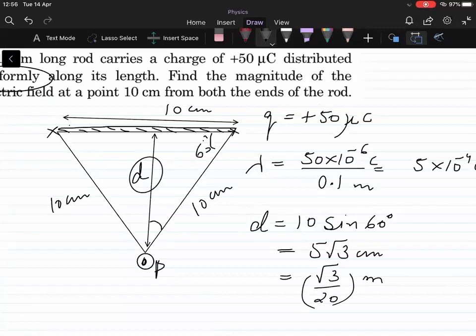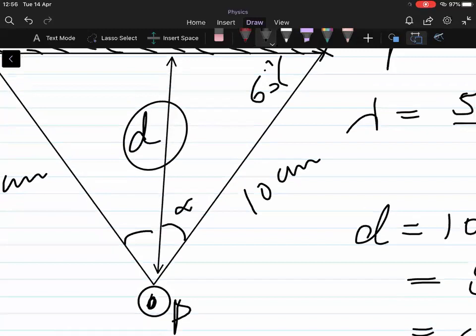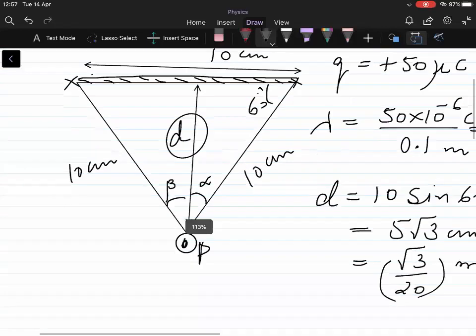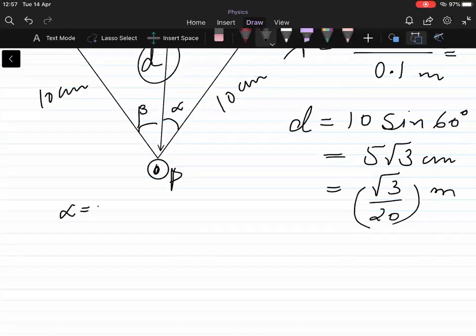Now the two angles alpha and beta that you are supposed to put in the expression of the electric field that we had calculated yesterday. Okay, you can see that this angle alpha and beta both are equal by symmetry, and this angle will be 30 degree, or you can write this as pi by 6.